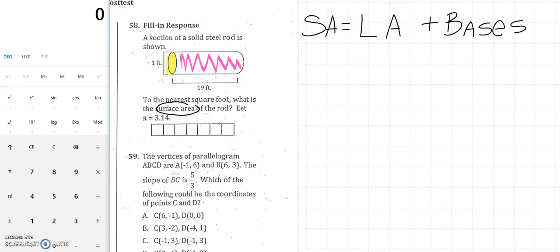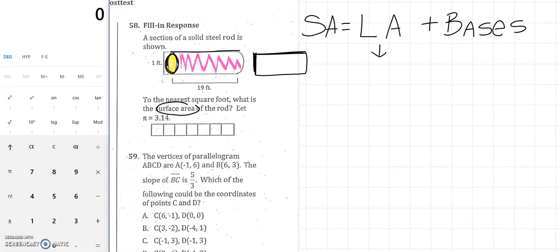Now, my lateral area formula for a cylinder is basically the circumference of your circle times the height of your cylinder, because that would be the area of the rectangle that would be formed. If you unravel your cylinder, it would look like a rectangle where the length here would be your circumference for the circle, and then this base would be the height of the cylinder.